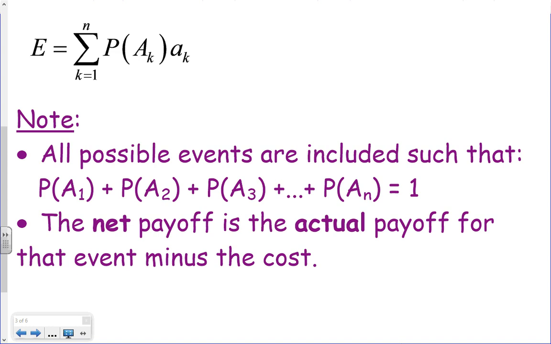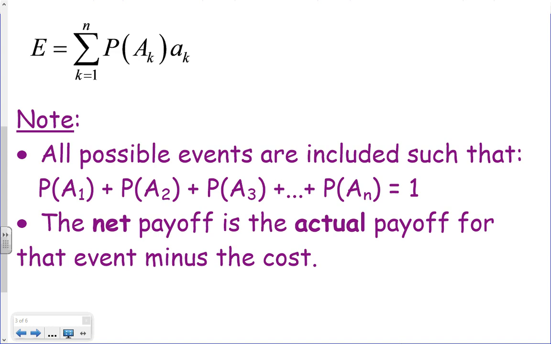All right, and the second thing is the net payoff. Just like we saw in that first example, the net payoff is the actual payoff for that particular event minus the cost. So when we talk about net payoff, you've got to consider both of those. If you don't include the cost, then obviously your net payoff is going to be a little bit inflated. Now technically, you could wait until the very end and subtract out the cost from the whole thing.